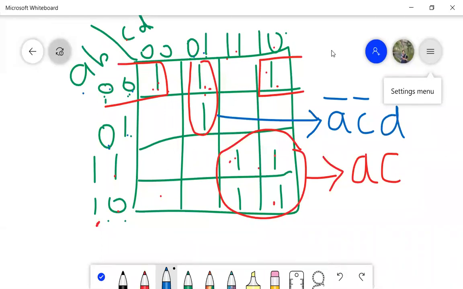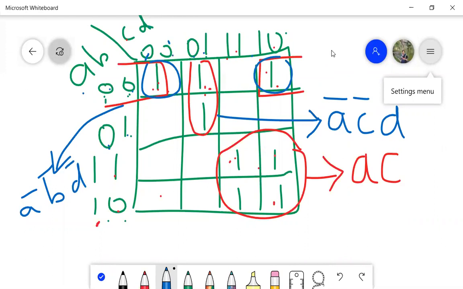And for this one, let us group. So this is A and B. So it is A bar, B bar. Now here for this cell and this cell, what is left out? 0 and 1 will get cancelled. 0 is common. 0 represents D bar. So what is the simplified expression?